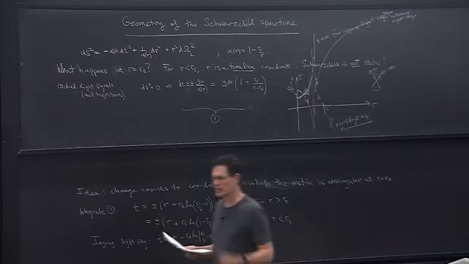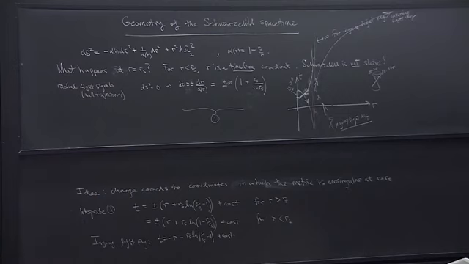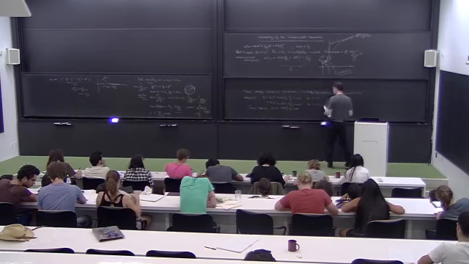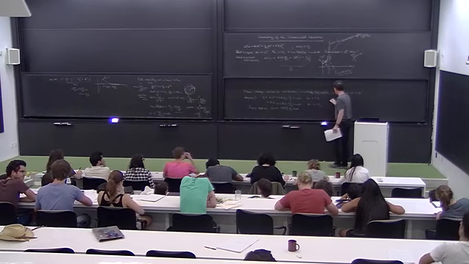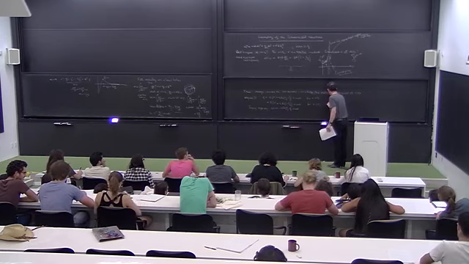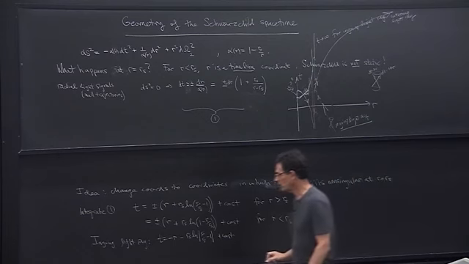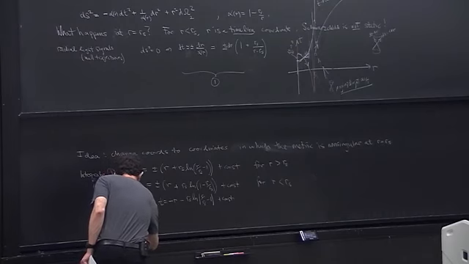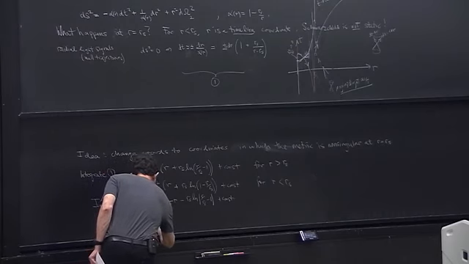And now, as I said, we want to change coordinates to ones in which the motion of light rays is simple. So let us choose a new coordinate, a new ingoing coordinate.